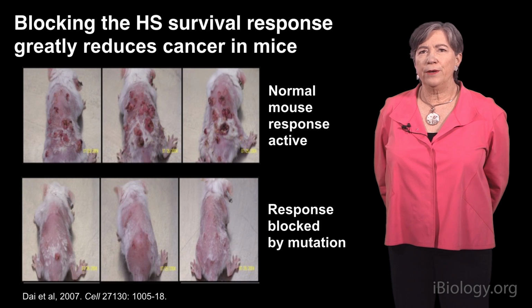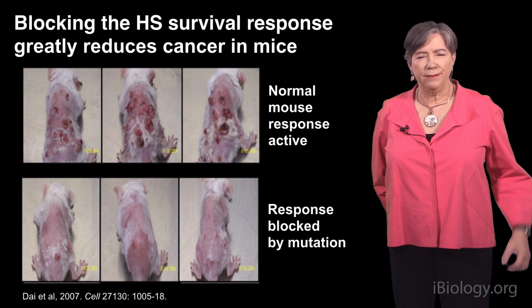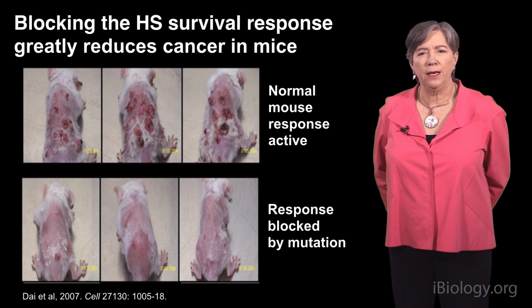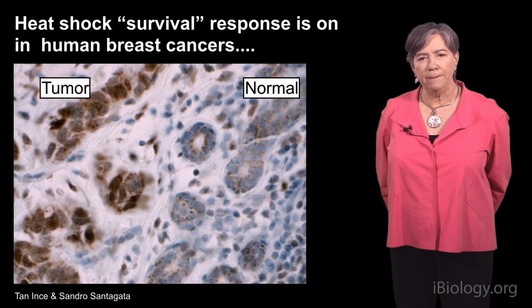But you've got a problem here now. We're looking at mice and we're looking at tissue culture cells in a dish in a very abnormal environment. Can we get any idea, any evidence, that this really matters in a human being?